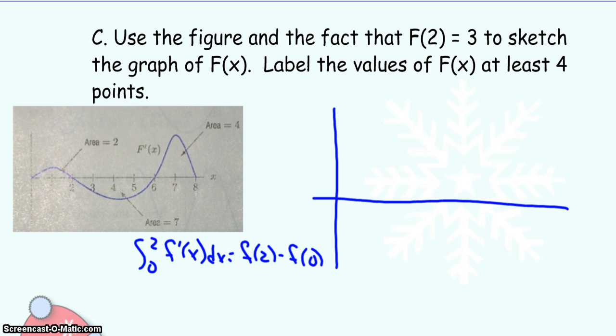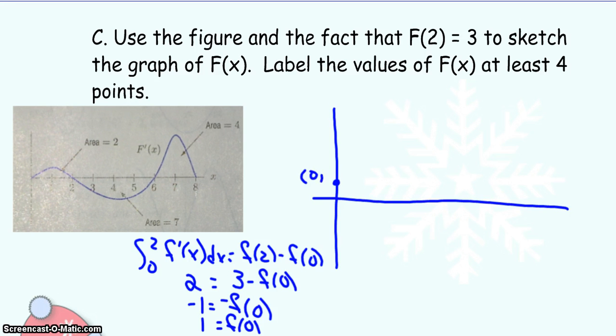All right, so they're telling me the area from 0 to 2 is 2. Excellent. f(2) is 3, so f(0) is the question. Subtract 3 over, I'm going to get negative 1 equals negative f(0), so f(0) is positive 1. So let's start by plotting that. f(0) = 1. And I'll label it (0, 1).